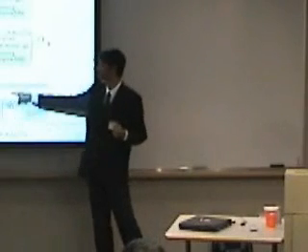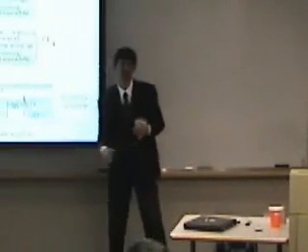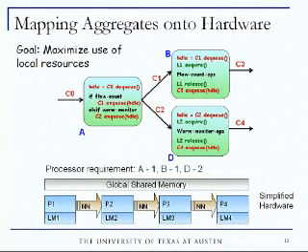These processors can also communicate using the global shared memory, but that will be a little slower than this one. Now, let's say the processing requirements of the aggregates are such that A needs 1 processing core, B needs 1, and D needs 2 processing cores. How would we map onto this hardware such that we maximize the use of local resources?